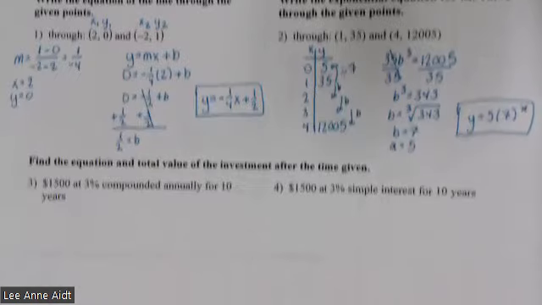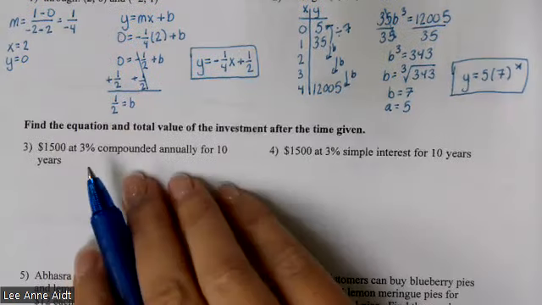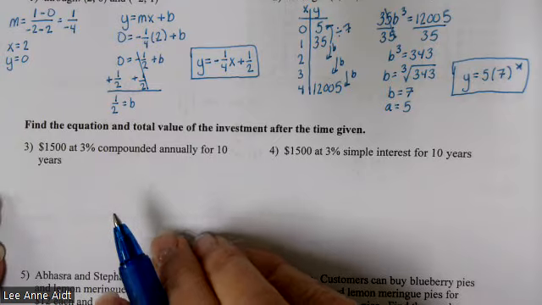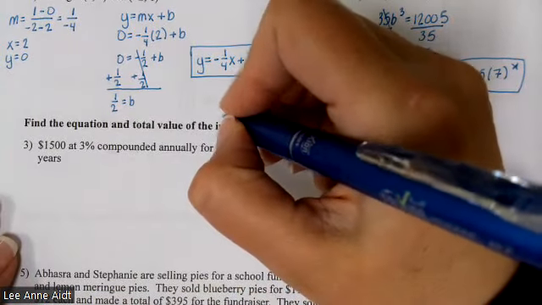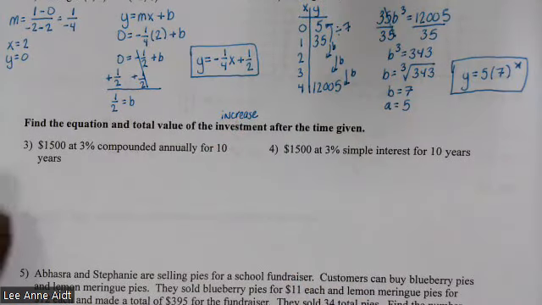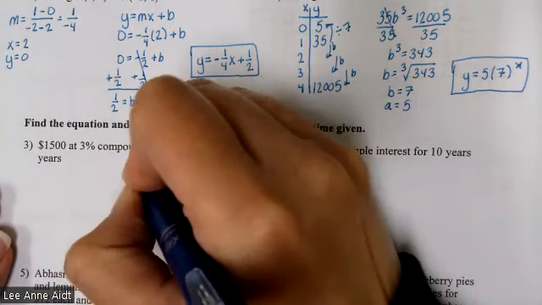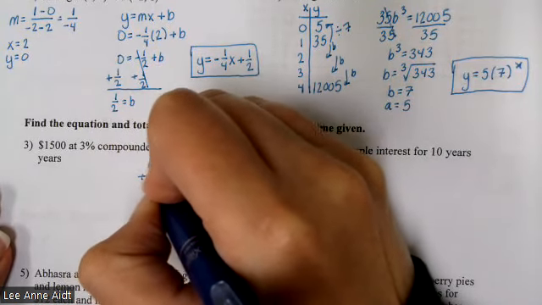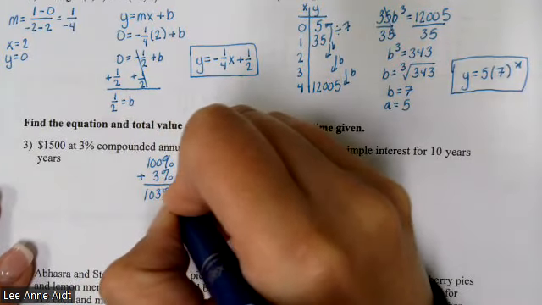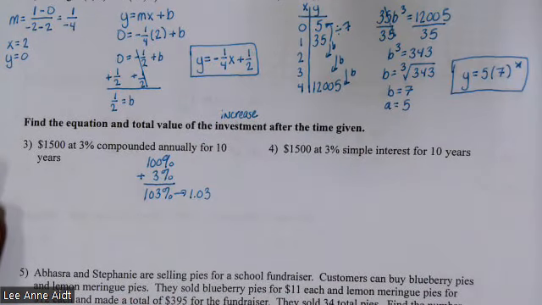Number 3. Find the equation and total value of the investment after the time given. $1,500 at 3% compounded annually for 10 years. Okay, these are investments. Investments always increase for us, which means that I have 100% plus 3% is 103%, which is a multiplier of 1.03.